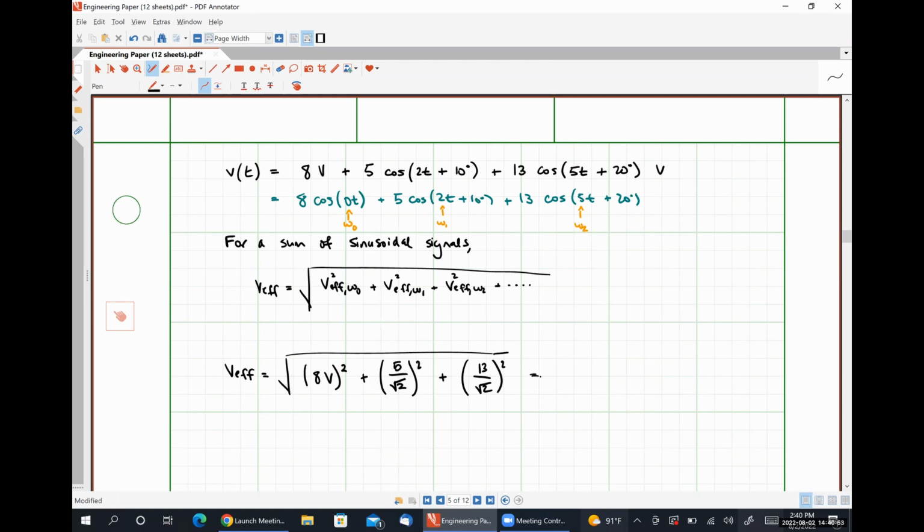And then we can simply throw this into our calculator. So this is going to look like the square root of 64 plus 25 over 2 plus, let's see, 13 times 13, I think is 169 over 2.